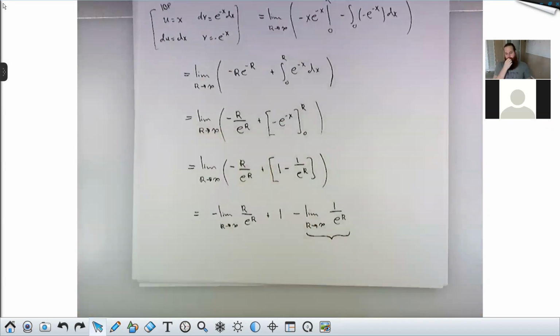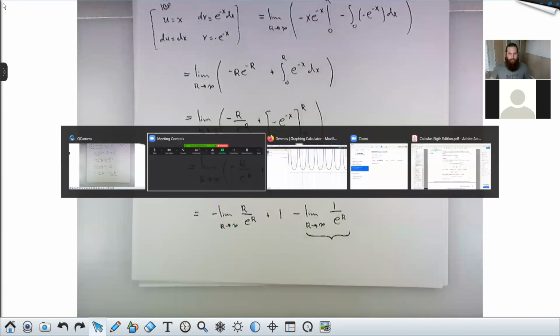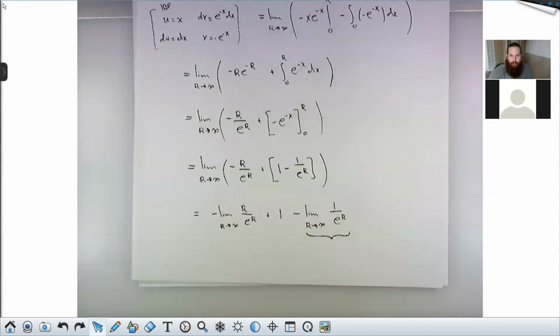What is this? As r goes to infinity, where does e to the r go? Yeah, e to the r, this piece down here goes to infinity. So this is 1 over infinity.